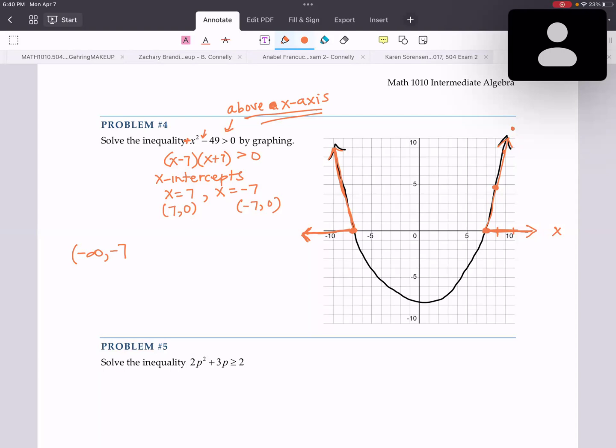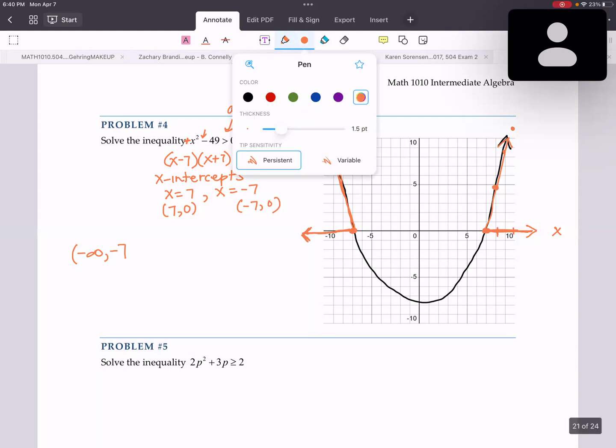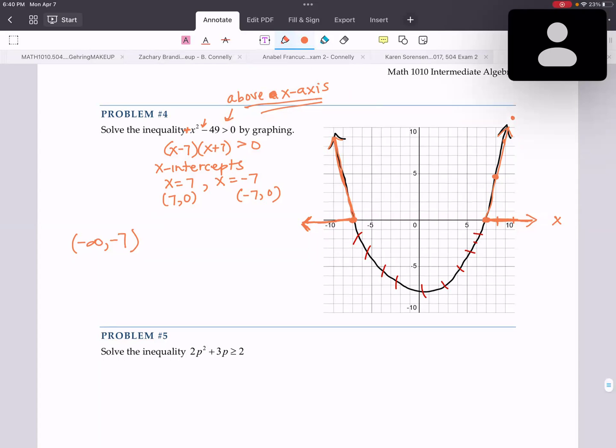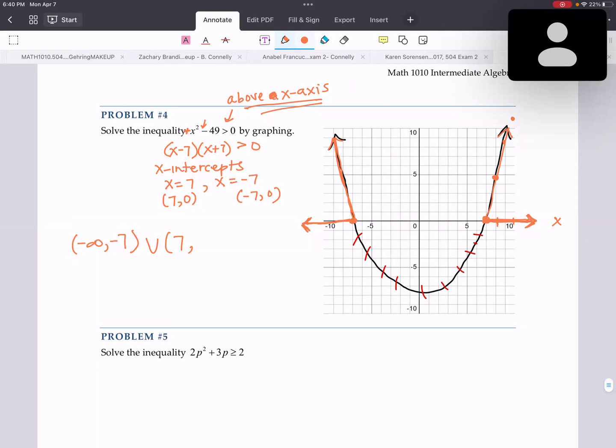But then that's not all. We don't want any of the stuff down here, because this is all stuff that's below the x-axis. We don't want that part. But then there is more to our graph on the other side. So we'll put union, and then starting here, 7 over to +infinity. And that would be our answer.